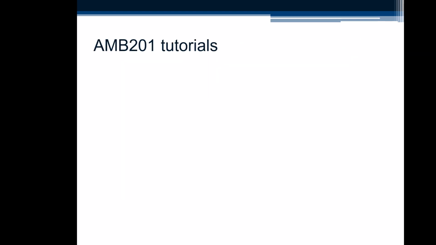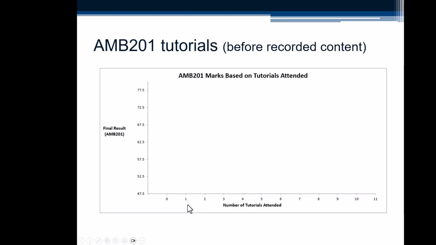So how else might you inform your studies going forward in a unit like this? Well, we can start to look at things like tutorial attendance, or relying on some of the recorded content. So one thing we do in AMB 201, and we've done across a number of years, is take attendance during tutorials, or have tutors ask for students' names during tutorials to see who has attended.